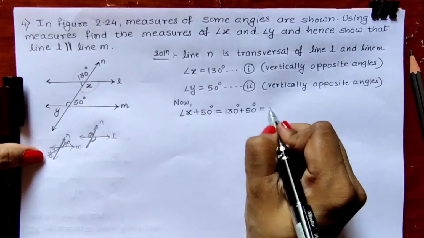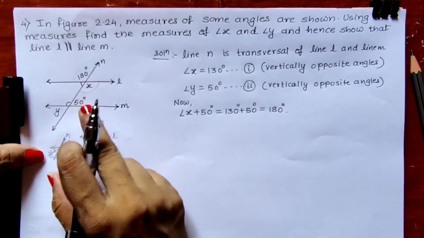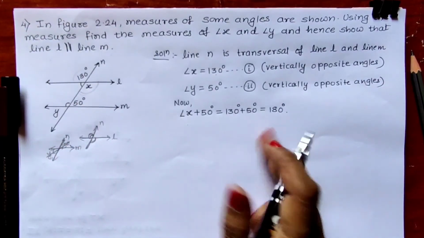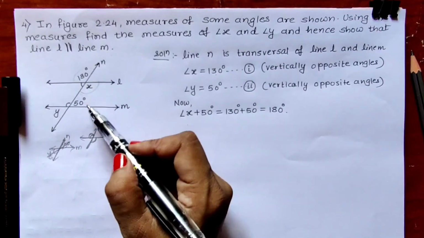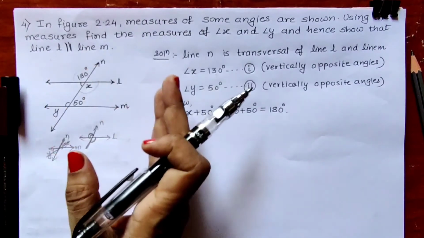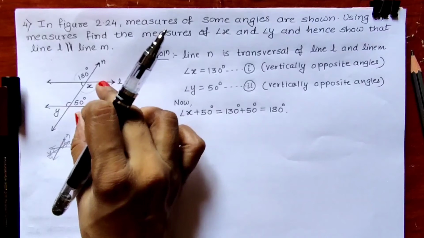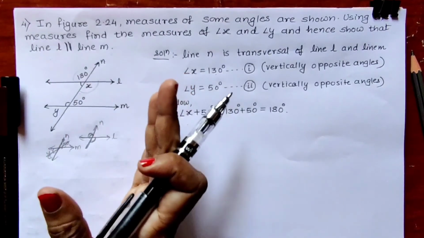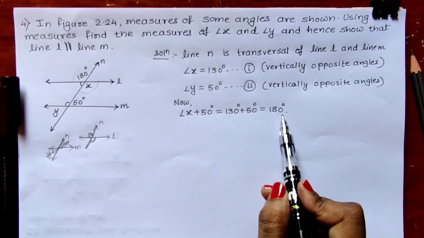So 130 plus 50 we are getting 180 degree, correct? So X plus 50 we are getting 180 degree. What type of angles are these? X and 50 form the pair of interior angles on the same side of the transversal line N. So when the pair of interior angles which are on the same side of the transversal is supplementary, supplementary means their total is 180 degree.